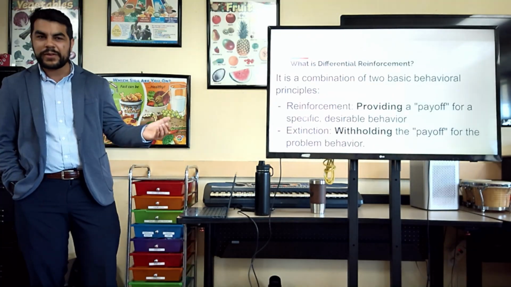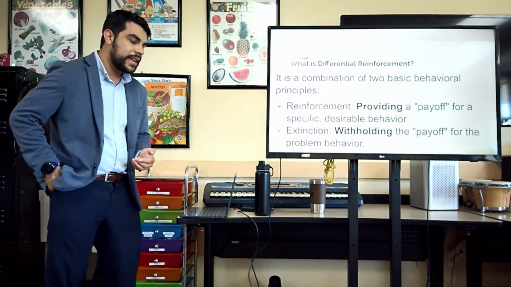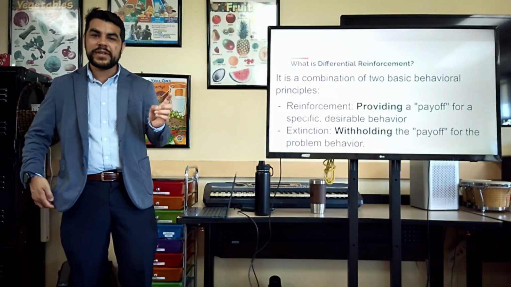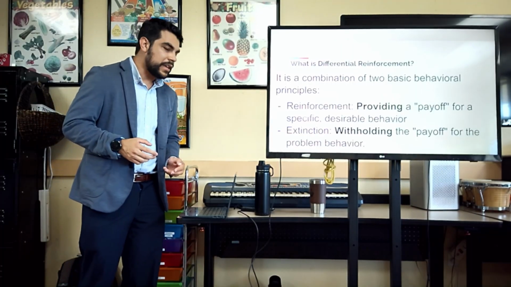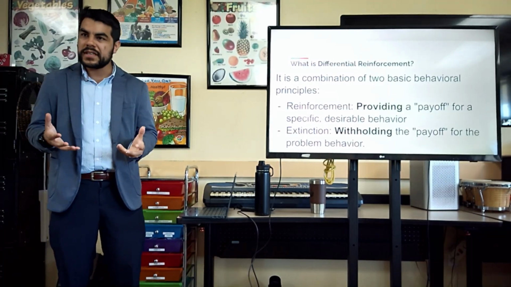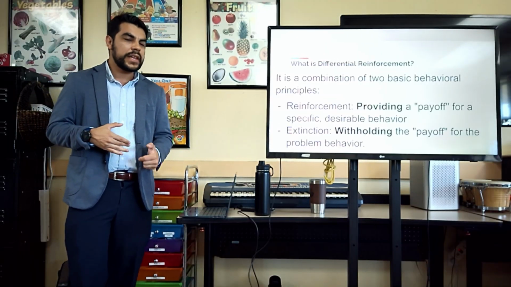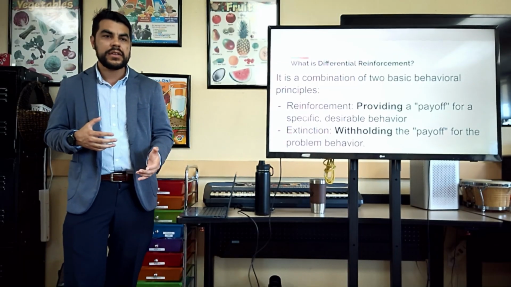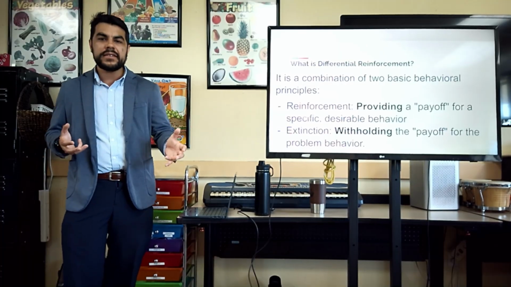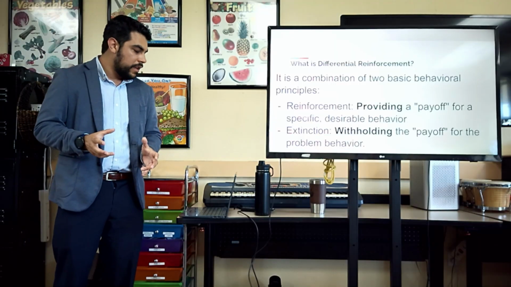We always start off with definitions. So what is differential reinforcement? It's combining two principles that we've already discussed. We're looking at reinforcing desired behaviors, the target behaviors that we would like the clients to engage in more, whether that be communication, cooperation, completing ADLs, all that fun stuff. We want to reinforce that.